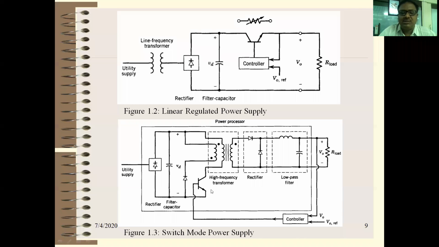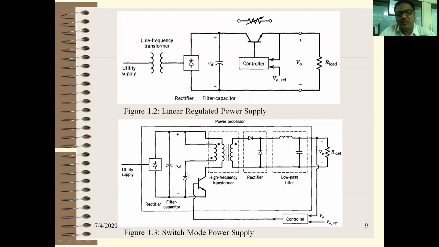Whenever this transistor is on, only at that time does current flow through the primary of this high frequency transformer, right? So only for that short time is a pulse developed across the secondary of the transformer. Then again there will be a rectifier to convert that AC into DC, then a filter and so on.